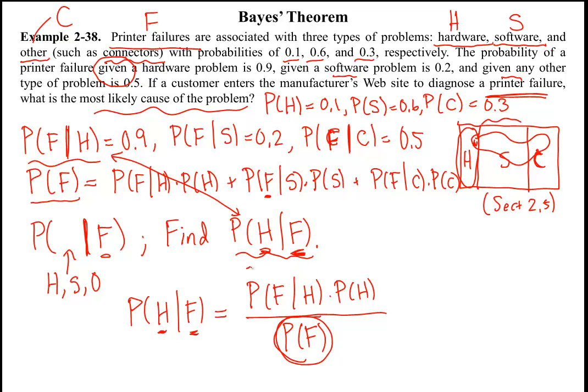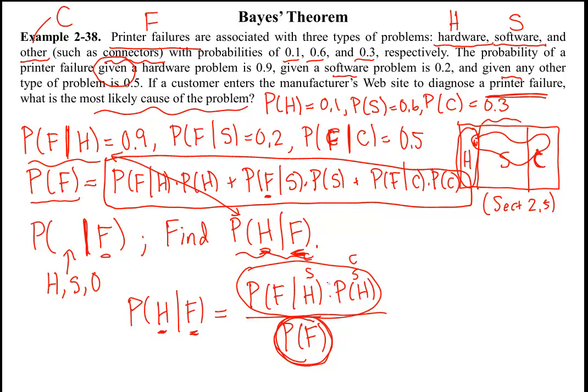And on the top, you're just breaking it down into the different kinds. If you had the hardware problem, what's the probability of failure? Otherwise, if you had the software, that would go here, or the other, that would go here. So the other probabilities I'm computing in the same way. Notice this is just the breakdown of the total ways of failure.